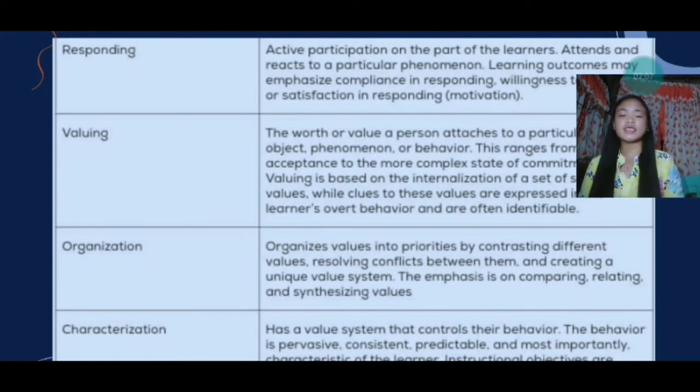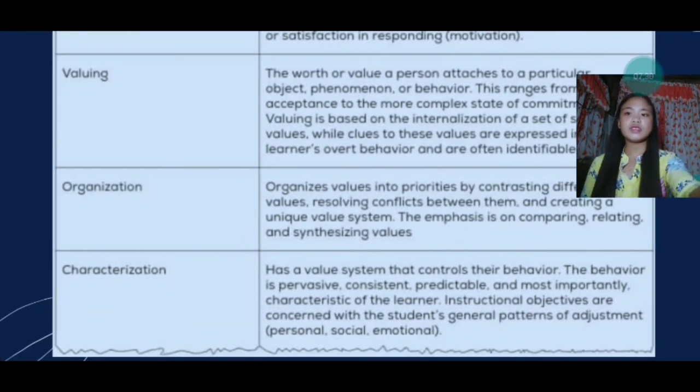Next is organization. It organizes values into priorities by contrasting different values, resolving conflicts between them, and creating a unique value system. The emphasis is on comparing, relating, and synthesizing values. Next is characterization.